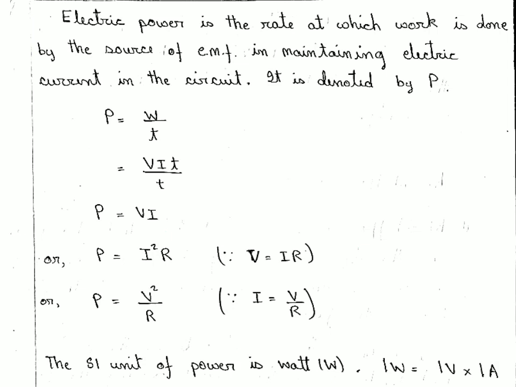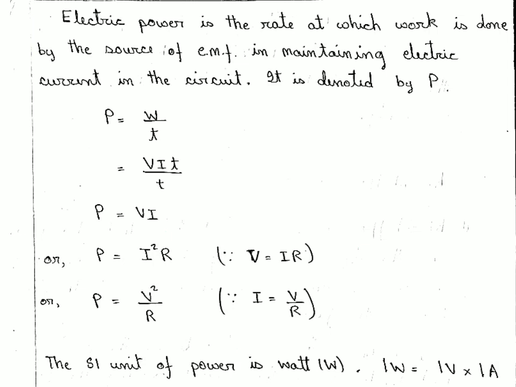One is in terms of potential difference and current, another is in terms of current and resistance, and another one is in terms of potential difference and resistance. And the SI unit of power is watt. So from the formula P is equal to VI, 1 watt is equal to 1 volt ampere.